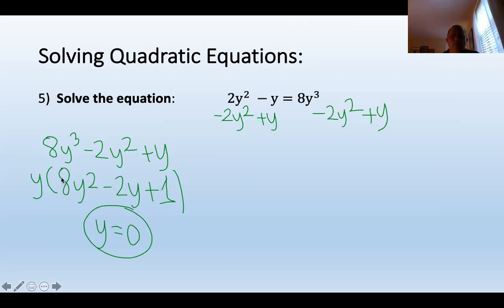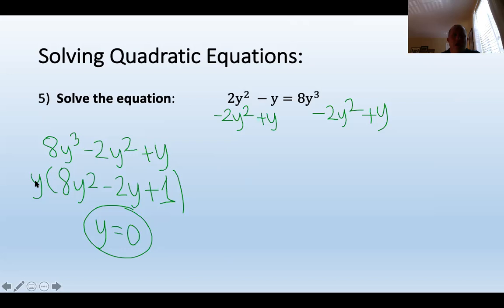Now then you want to try to factor the 8y squared minus 2y plus 1 further, but by trial and error, we would not be able to determine any 2 binomials that would FOIL to give us this original polynomial. So this cannot be factored any further, but we do have a solution.